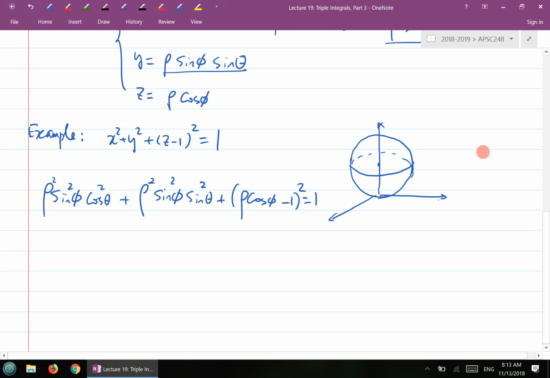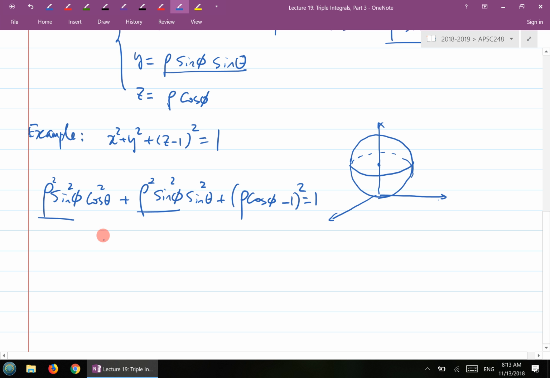Okay, time to clean up. Always remember at this stage that simple trigonometry, sine squared plus cosine squared equals 1, can be used very neatly. For example, the first two terms have a common factor, rho squared sine squared phi. Take out the common factor and you're left with cosine squared theta plus sine squared theta.